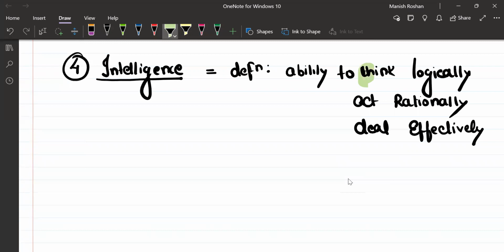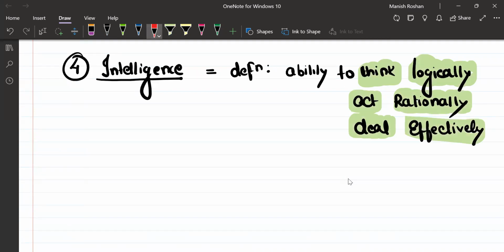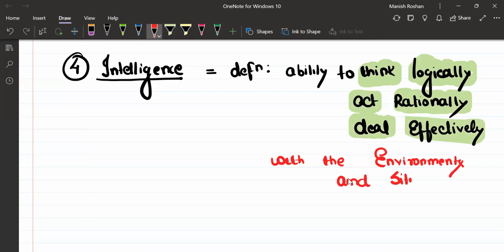So the components are think logically, act rationally, and deal effectively with the environments and situation. So this is defined as intelligence. That is the ability to think rationally, think logically, act rationally, and deal effectively.